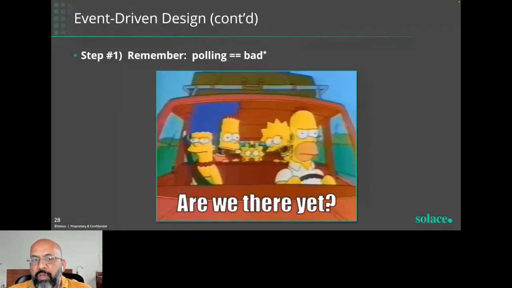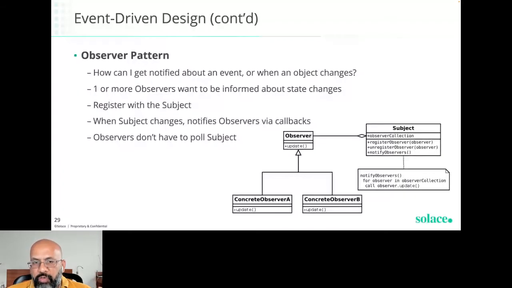Yes, that's where the observer pattern comes in. So let's identify the problem context with two terms. There is a subject which is going through changes, right? And there is an observer who's observing the subject about the changes that are happening. So the observer is interested in knowing the change, the details of the change, as it happened or immediately after it happened. So if this is the requirement, what would you do, right?